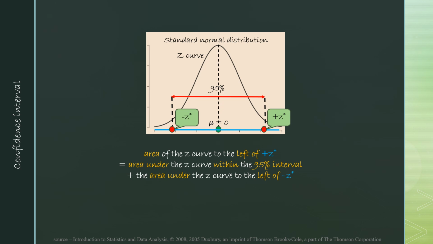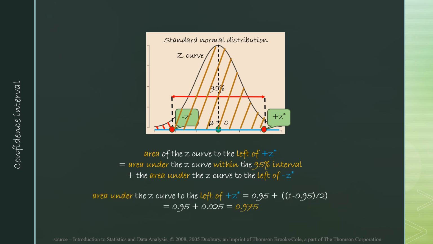Area of the z curve to the left of plus z star equals area under the z curve within the 95% interval plus the area under the z curve to the left of minus z star. Area under the z curve to the left of plus z star therefore equals 0.95 plus (1 minus 0.95) divided by 2, which equals 0.95 plus 0.025, which in turn equals 0.975.